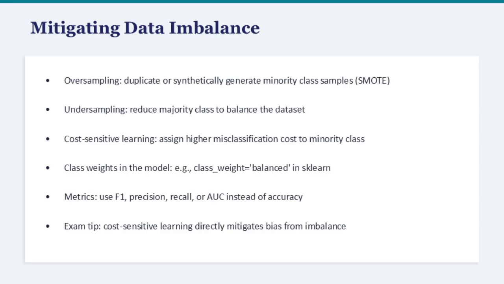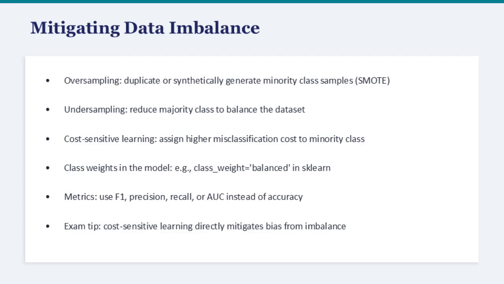Undersampling, which reduces the majority class to create the balance. Cost-sensitive learning assigns a higher misclassification penalty to the minority class during the training. This actually directly tells the model getting the minority class wrong is more expensive than getting the majority class wrong. You can also use class weights. For example, class weight equals balanced in scikit-learn.